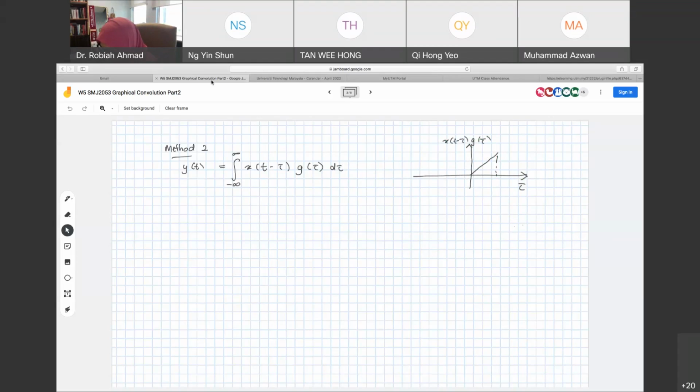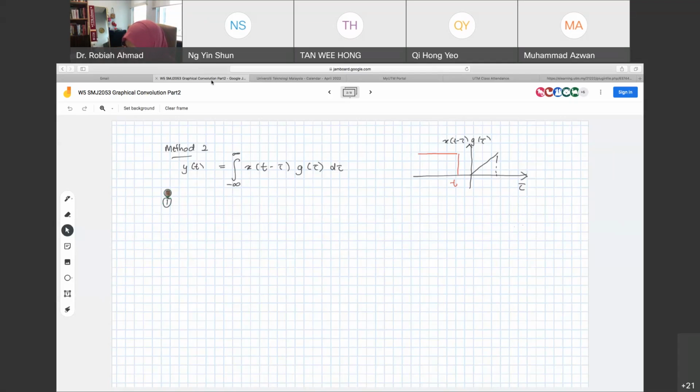So our signal becomes t minus tau. So this one. Why did I make it red? Never mind. The same thing, it will have 3 conditions. So let us look at condition 1, 2, and 3.